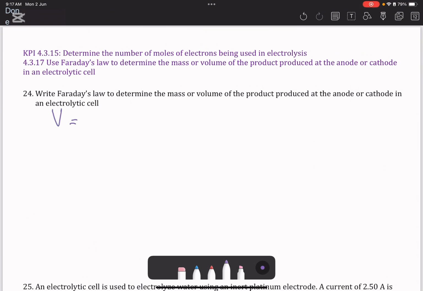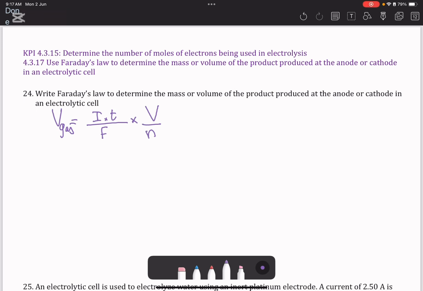So, the volume of a gas is equal to the current multiplied by time, here the time must be in seconds, divided by Faraday constant, multiplied by the molar volume, which depends on RTP or STP, divided by n, which is the number of moles of electrons lost or gained per mole of gas.